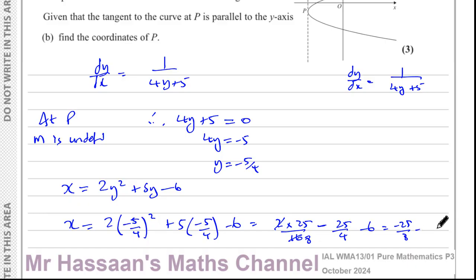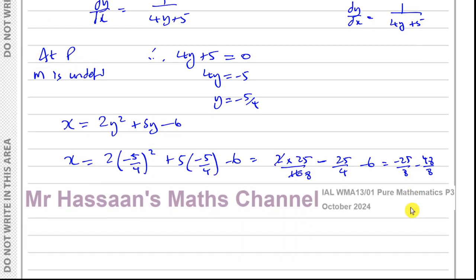And then minus 6. Put over 8, 6 eights are 48, so this will be minus 25 minus 48, which is minus 73 over 8. So the x coordinate is minus 73 over 8, and the y coordinate is minus 5 over 4.